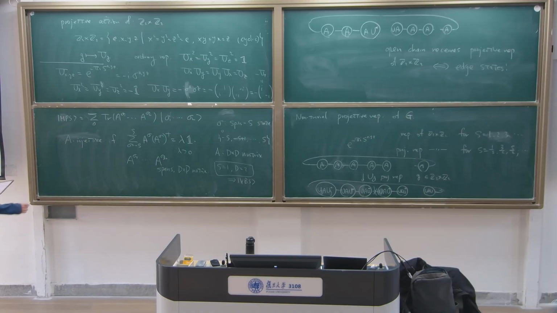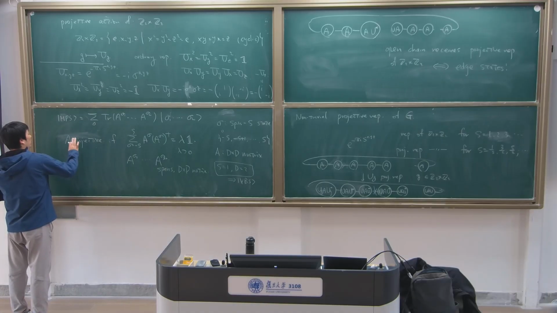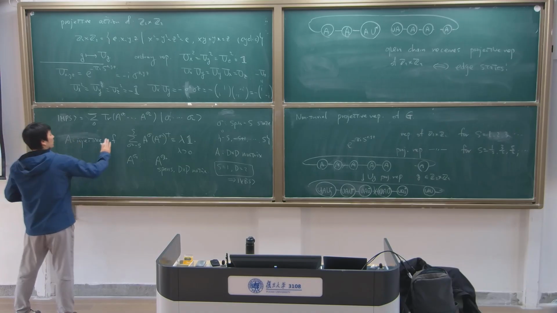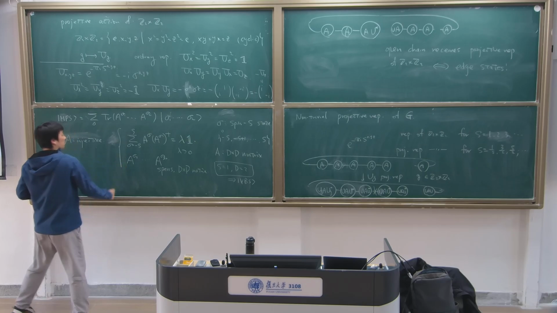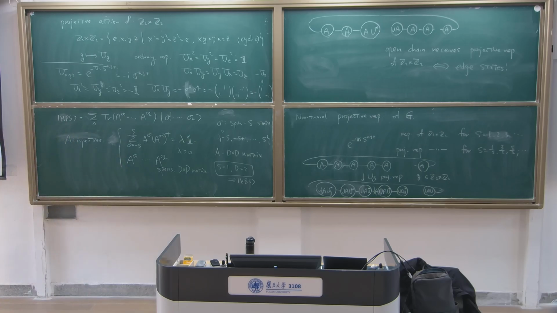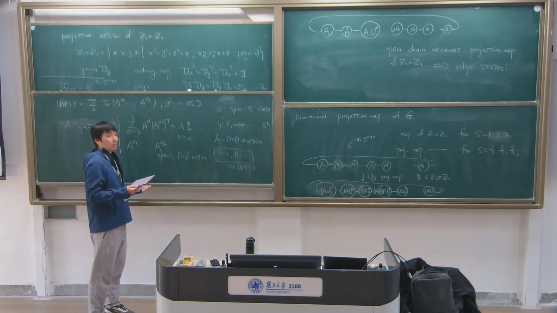So that's injectivity, and we impose the condition that A is injective. Suppose it has a form with constants. That is somehow a technical condition for this generalization.